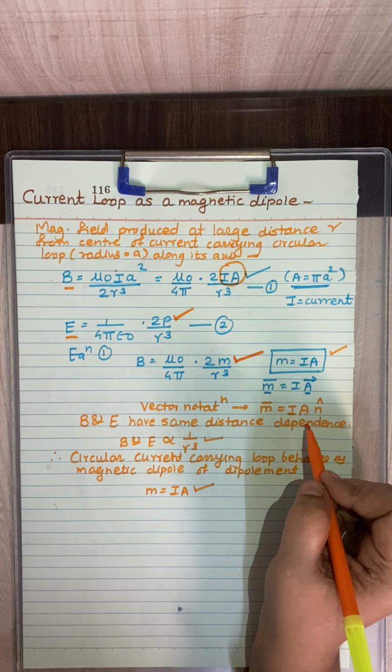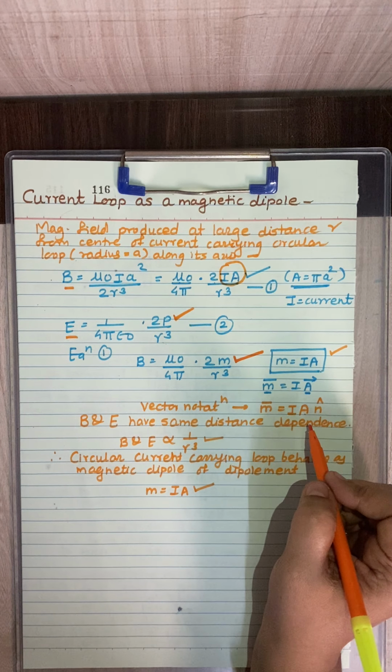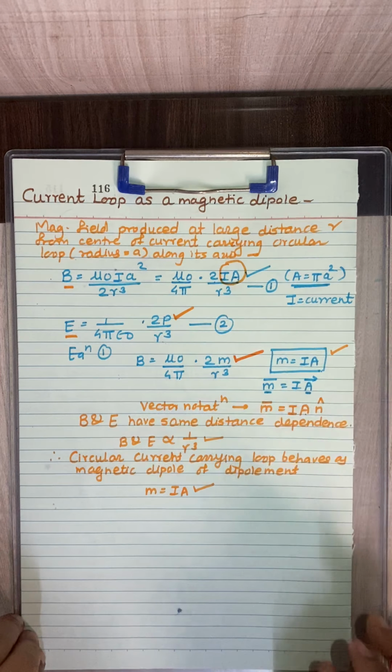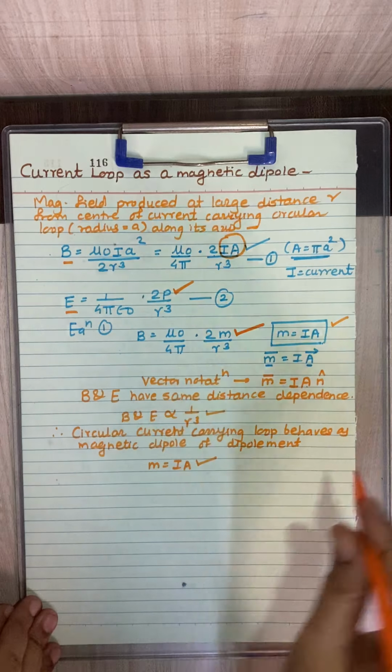Thus the magnetic dipole moment of any current loop is equal to the product of the current and its loop area. Its direction is defined as the normal to the plane of the loop in the sense given by the right hand thumb rule. Now this is very important. Once again we are going to consider this particular point.